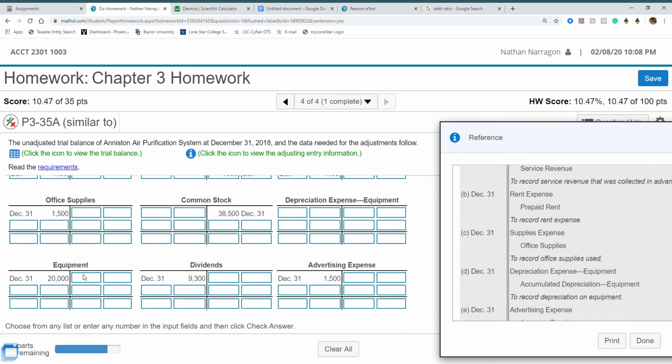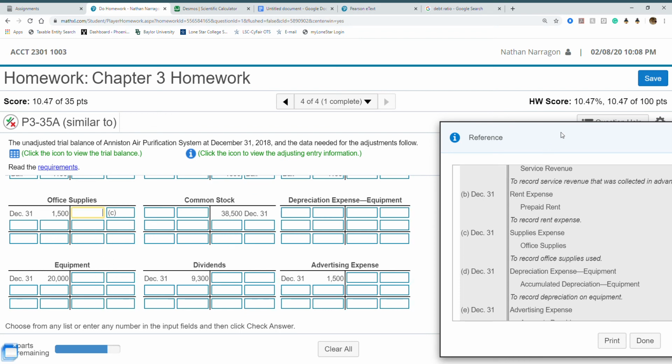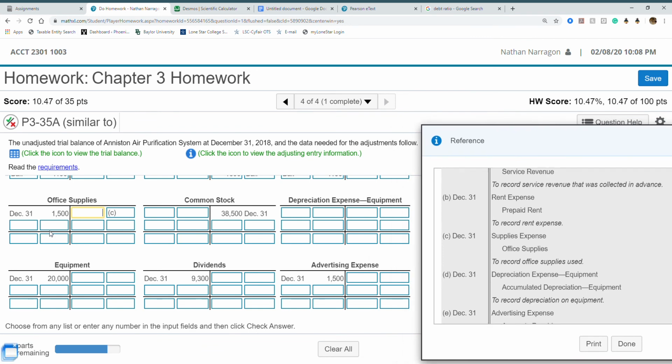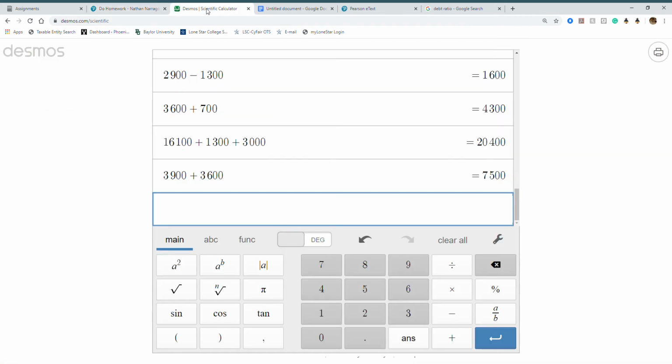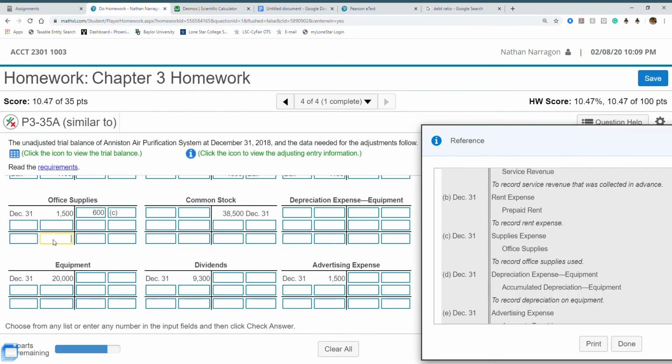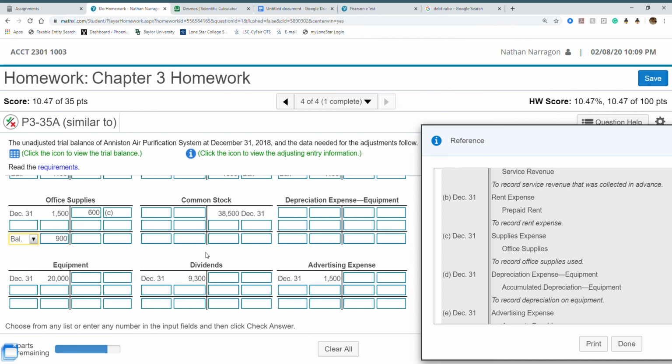So office supplies, that happens to be C. And that is going to be 600. Credit. So 1,500 minus 600, of course, is 900. So again, larger than 2. 900. Balance. Boom.